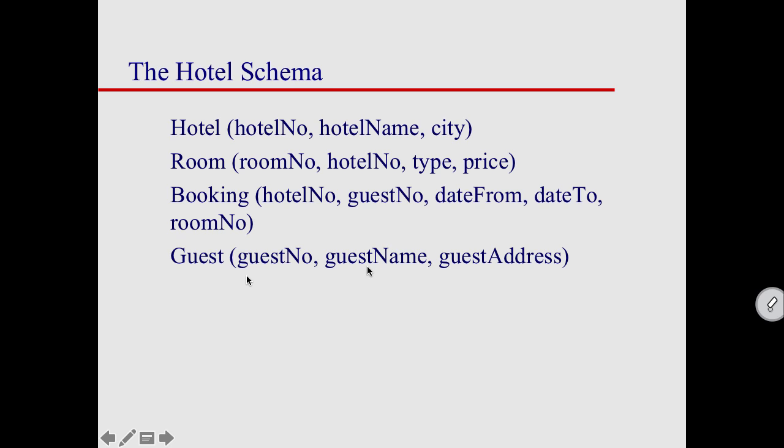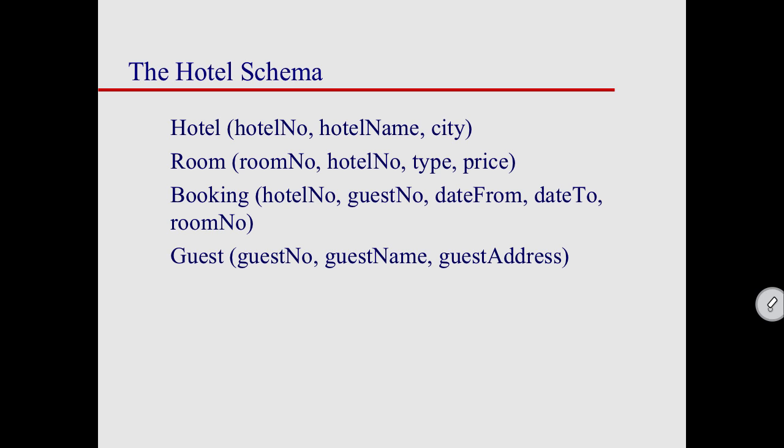Same thing, you could have two guests, father and son would be the most likely, with the same guest name at the same guest address. But it gets more interesting when we talk about room. With room, there is no single attribute that uniquely identifies the room, because we are talking about all rooms in all hotels.